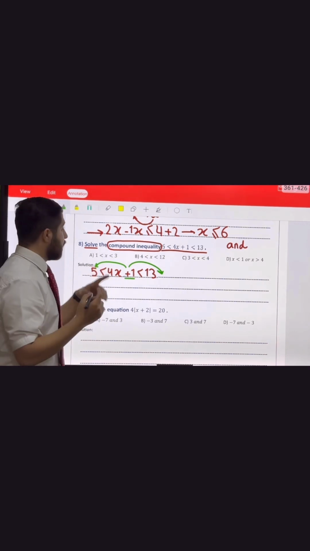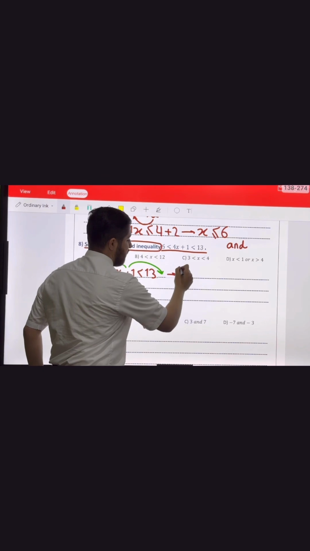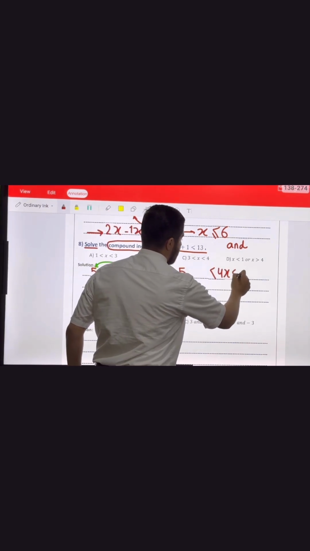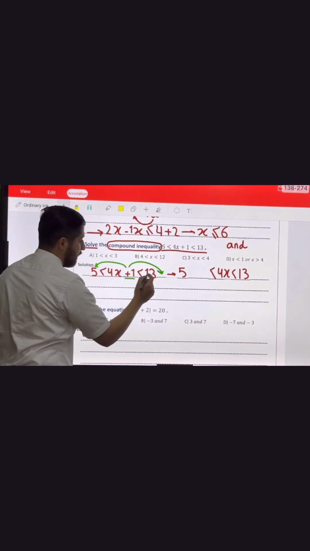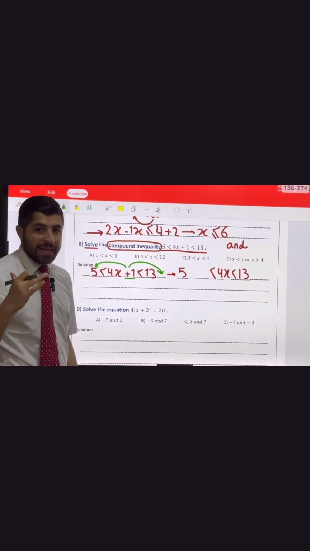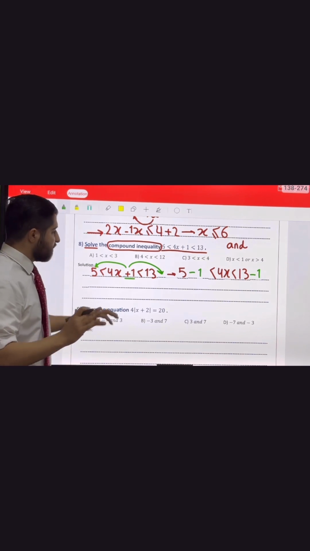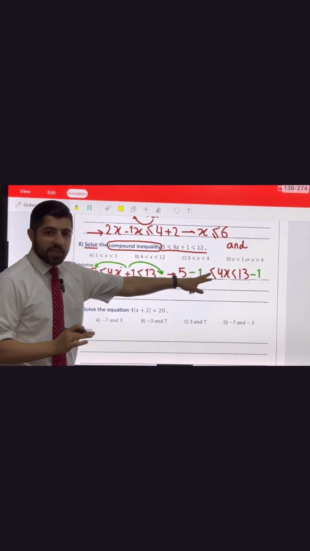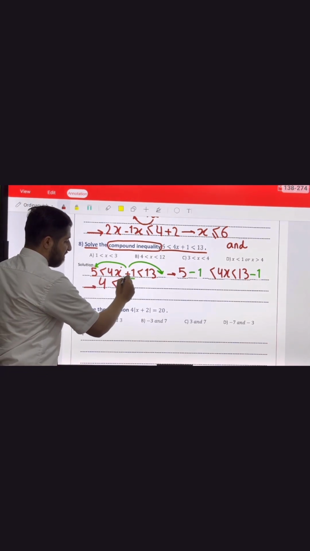So in this case, I'll be having this answer, 5 less than 4x less than 13, and the plus 1 becomes negative 1 here, negative 1 here, okay? After that, I'll be doing the subtractions. So 5 minus 1, I get 4, like that, less than 4x.